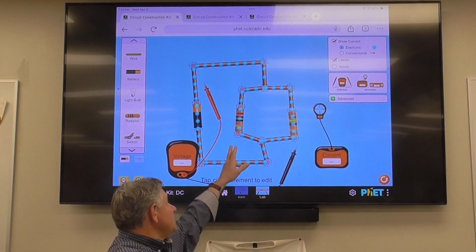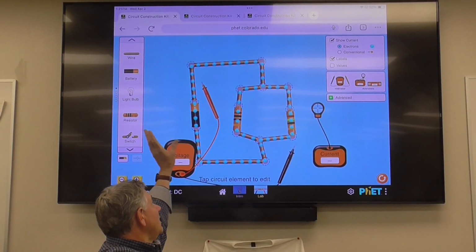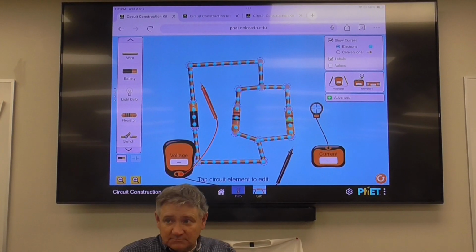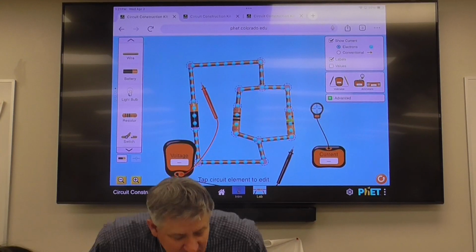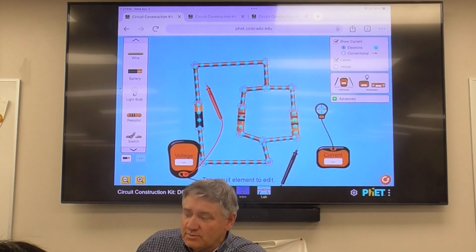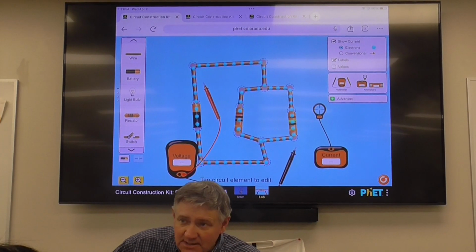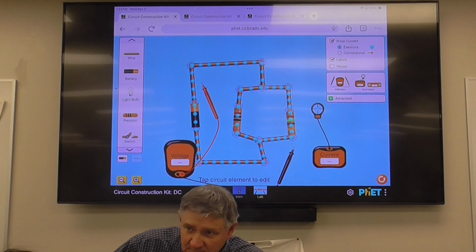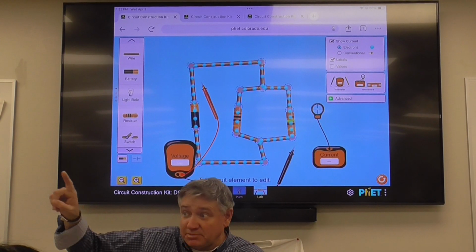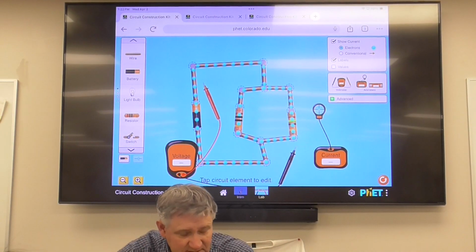So now I've got a 10 ohm resistor and a 15 ohm resistor in parallel. So let's start with this idea. What's the equivalent resistance of a 10 and a 15 ohm resistor in parallel? 6 ohms. 6, right? Because 1 over 10 plus 1 over 15, take the inverse of that, you get 6.